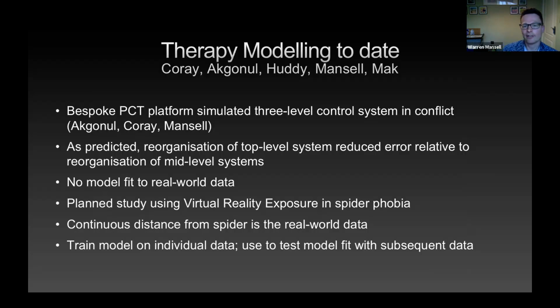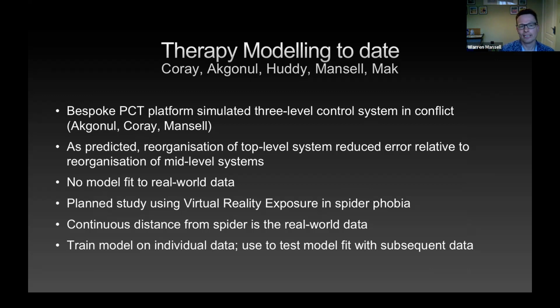So I've written a paper with Viv Huddy that came up this year in Frontiers that summarizes some of this work. Some of it was work we did quite a long time ago where our in-house software person created a bespoke PCT platform that modeled a 3-level control system in conflict.